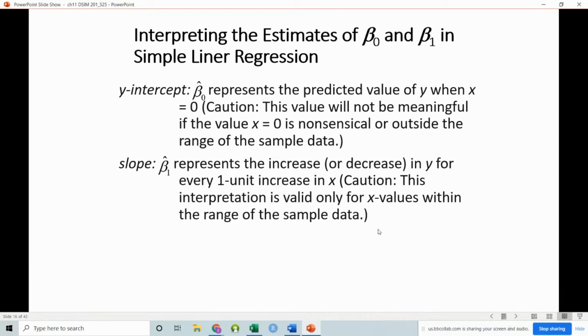So if our lowest value is like 100 and the highest is 1,000, once we go beyond 1,000, we're no longer in sample, and we have to change a little bit for prediction outside of the sample.